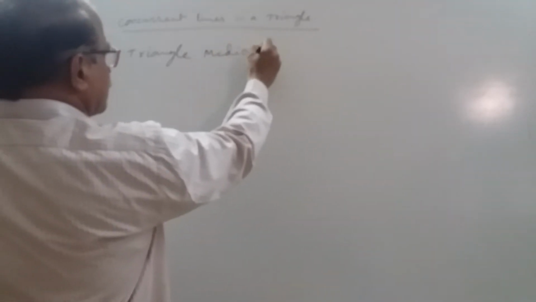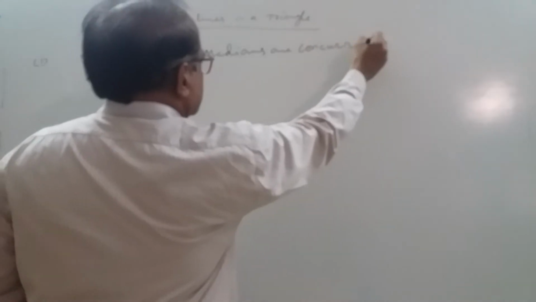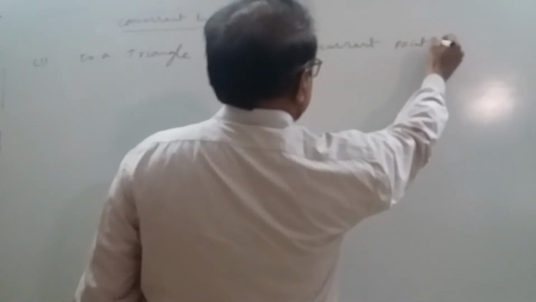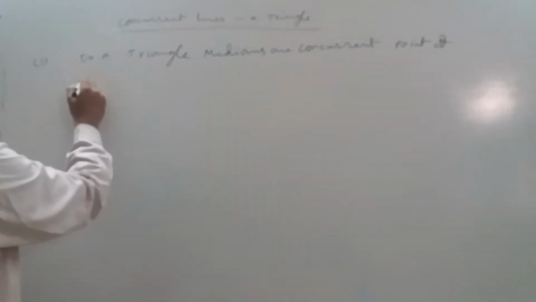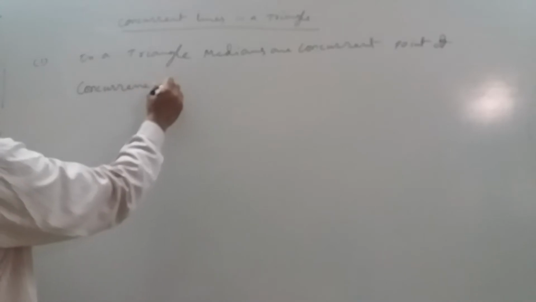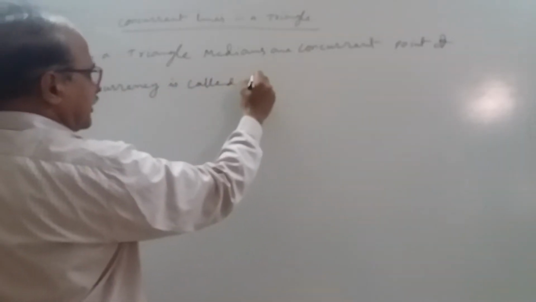Medians are concurrent. The point of concurrency is called the centroid.